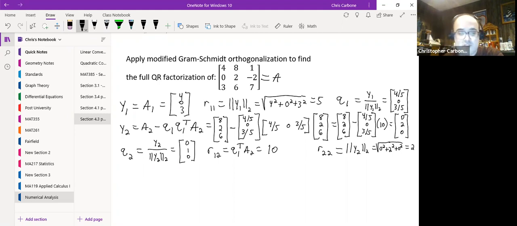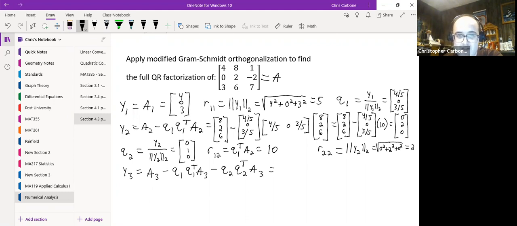Okay, so we got those parts in. We need to do this once more. y sub 3 is going to be a sub 3 minus q sub 1 times q sub 1 transpose times a sub 3, minus q sub 2 times q sub 2 transposed times a sub 3. So we have a much bigger equation here.